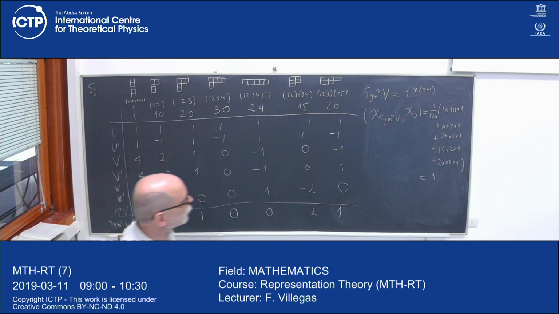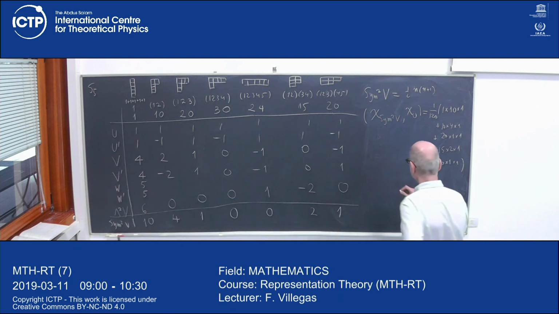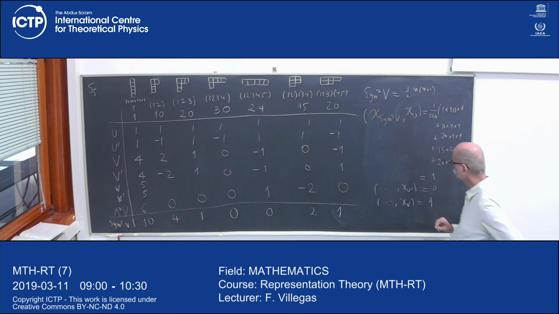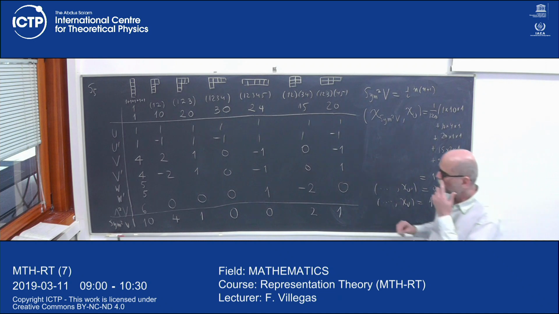You do the same with the sign representation, you're going to get 0. And if you do it with the standard representation, you get 1. So it's just this arithmetic calculation.